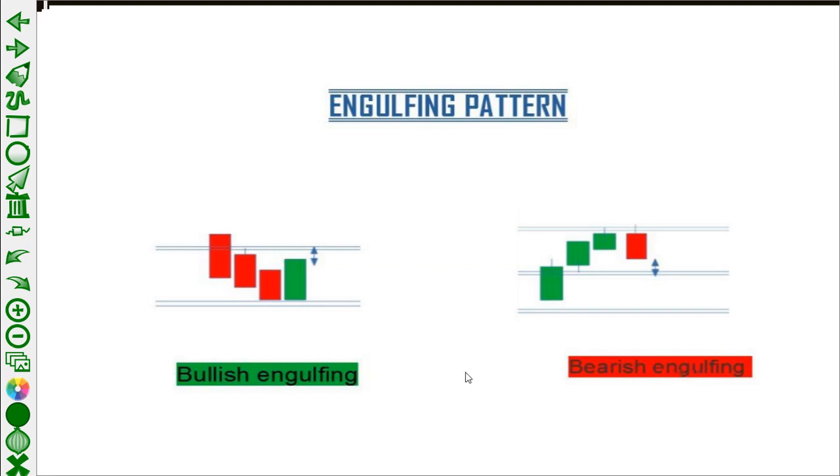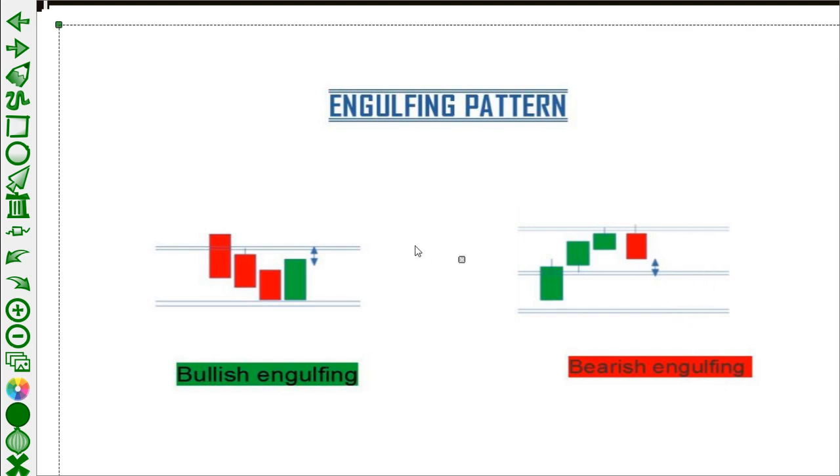When we find a bullish engulfing pattern, the market is expected to go up for at least the next candle. If it is a bearish engulfing pattern, it is believed that the market is going down for at least the next one candle.